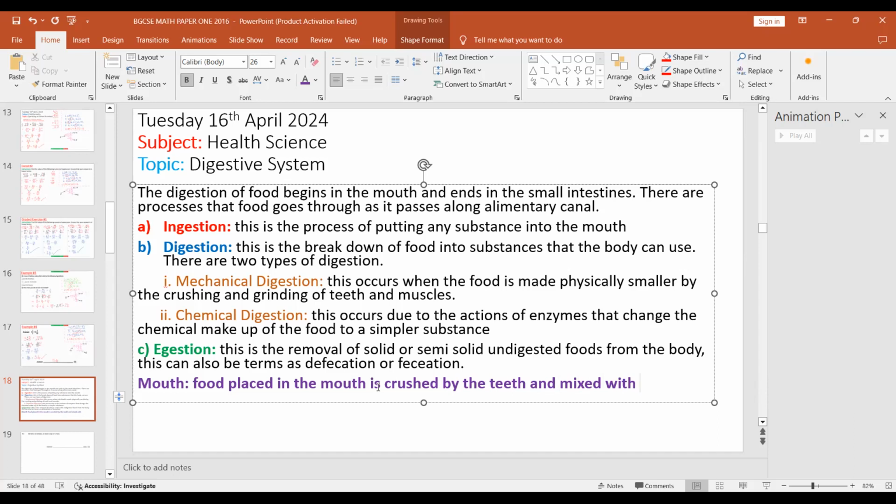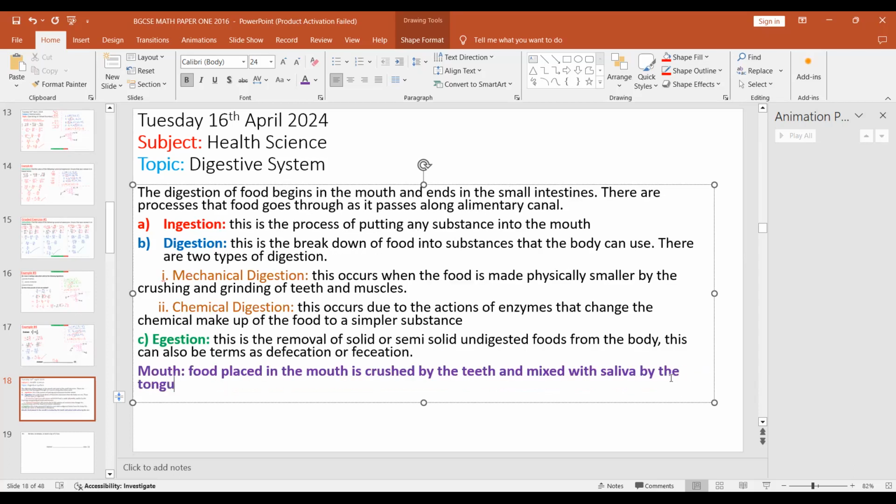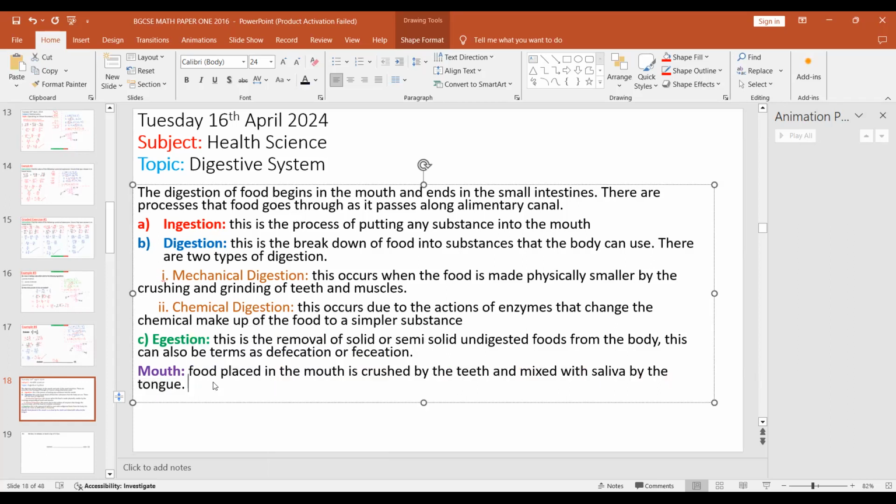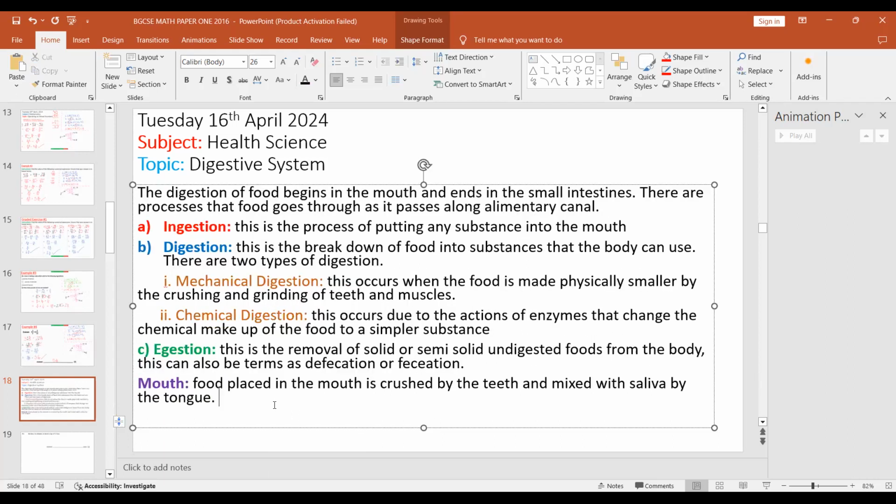Very good. So food placed in the mouth is crushed by the teeth and mixed with saliva by the tongue. Very good. What else happens inside the mouth?